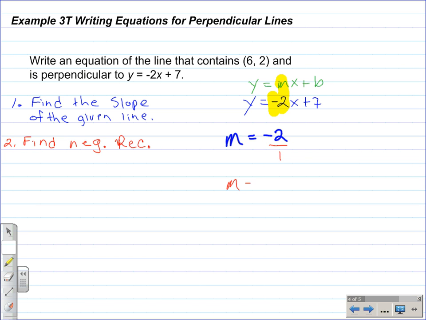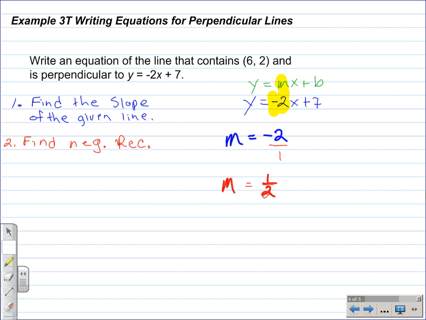So the new slope we're going to find is going to be the negative reciprocal of this because we want the line perpendicular. So the negative reciprocal of -2 over 1 is a positive 1 over 2, a positive 1/2. The reciprocal of 2 over 1 is 1 over 2, or 1/2. And the negative of a negative is a positive, that double negative thing we've talked about in class. So the new slope that we're interested in, of the line we have to find, is 1/2.